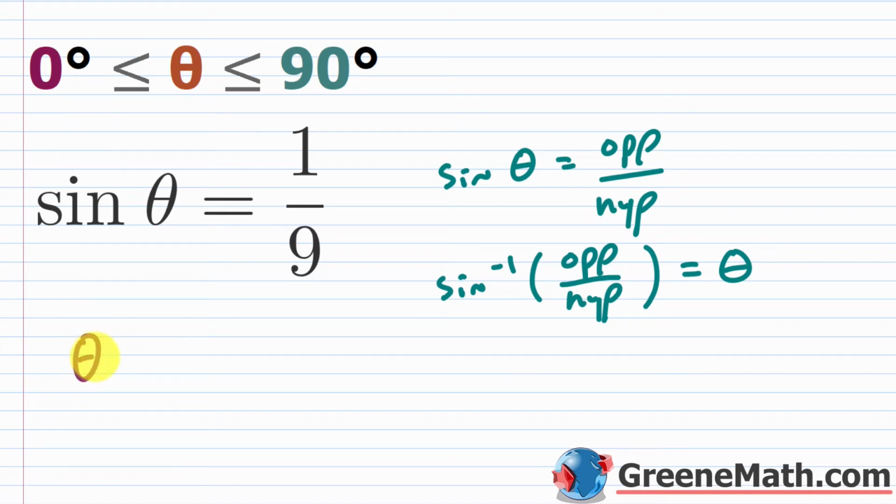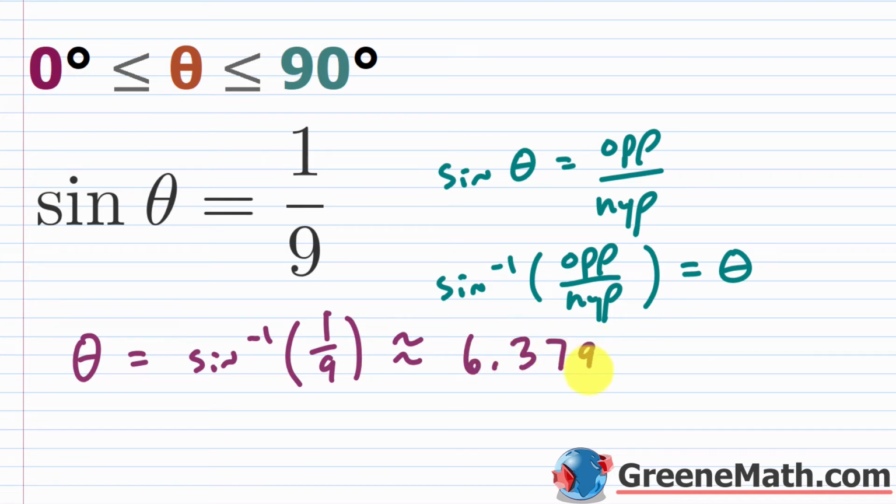We're going to say that theta is equal to the sine inverse of your 1/9. So that's your ratio there, the opposite over the hypotenuse. And this is going to be approximately, I get 6.379370208, and that's where my calculator stops.